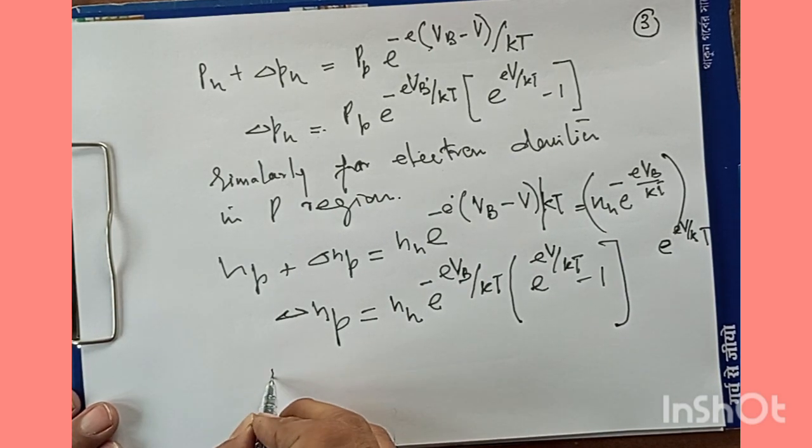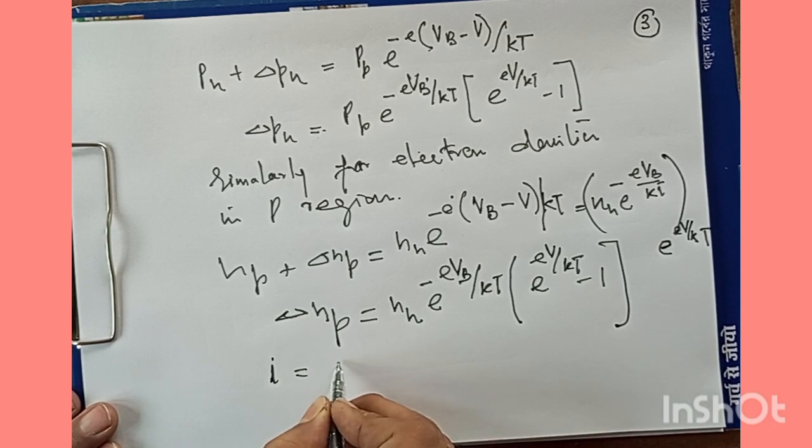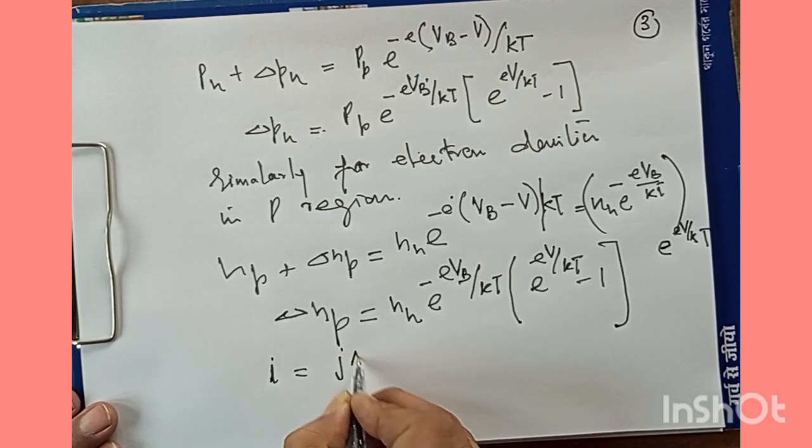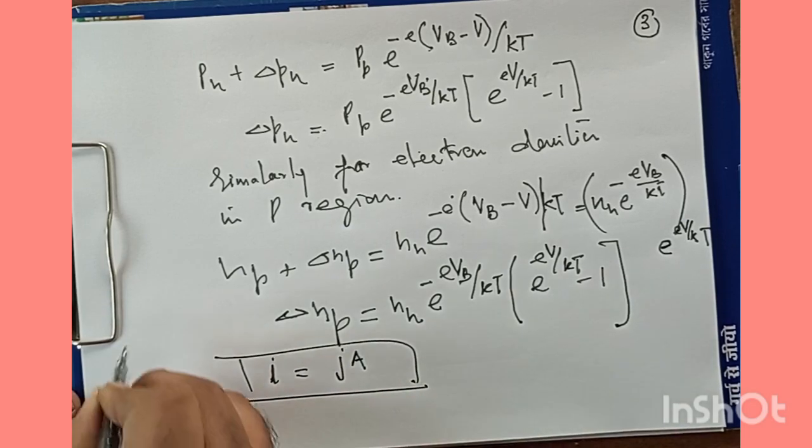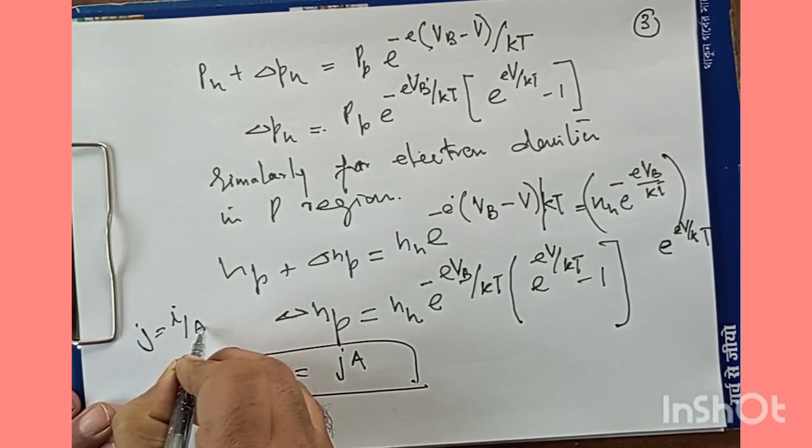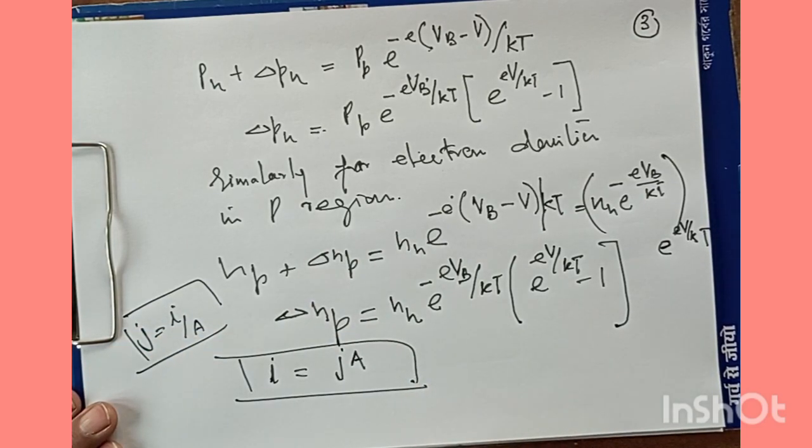That equation is I equal to J times A. Because current density is current by area, and if you remember, we calculated the conductivity of a semiconductor in the presence of a potential difference, with the number of holes times the drift velocity of holes plus the number of electrons times the drift velocity of electrons.